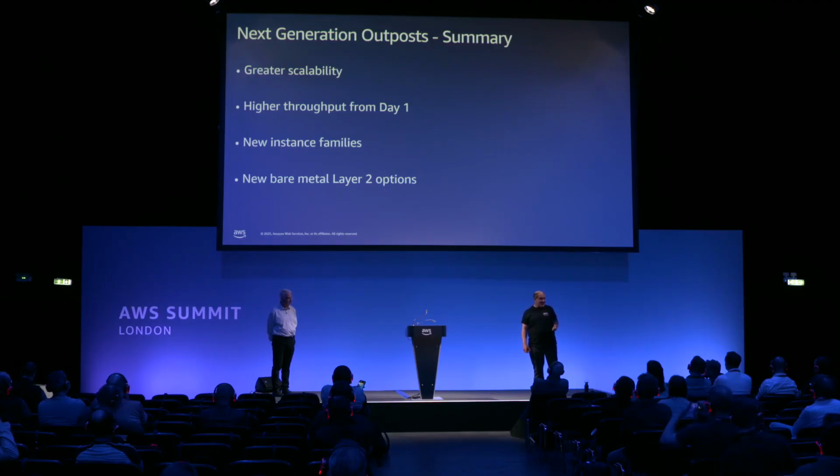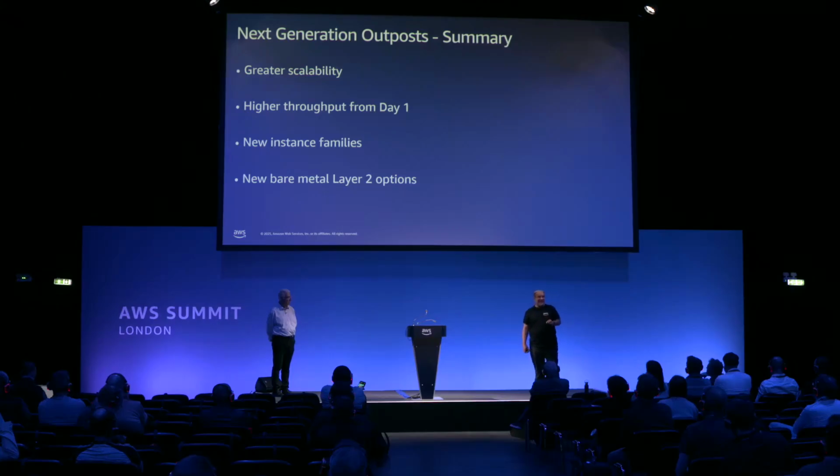Higher throughput on day one. You have all the networking on day one. You're not looking to build up the network compute layers as you add more components. New instance families with a 40% improvement in performance, and new instance families including the bare metal instances for layer 2.